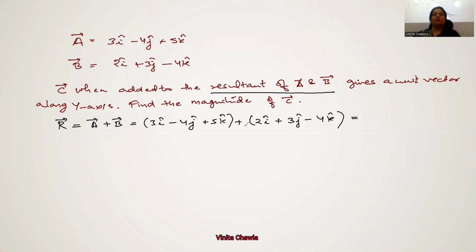So we have 3 here, 2 here, 3 plus 2. Write them together: I cap, minus 4 plus 3, j cap; again we have 5 and minus 4, k cap. So we'll get 5 I cap minus j cap plus k cap. This is the resultant vector.